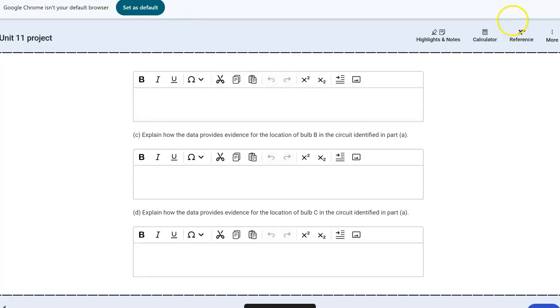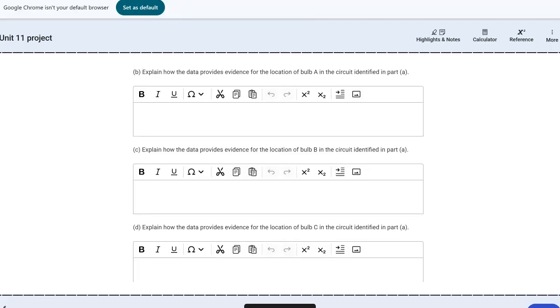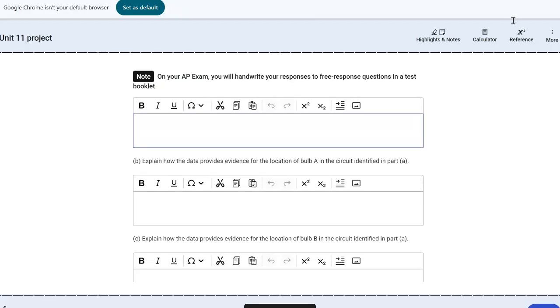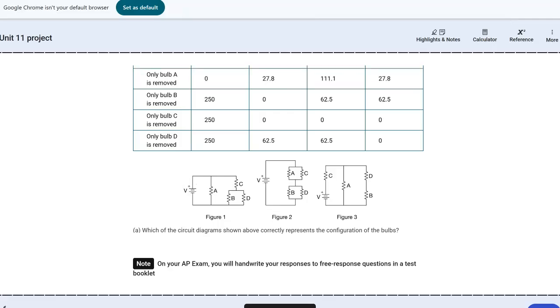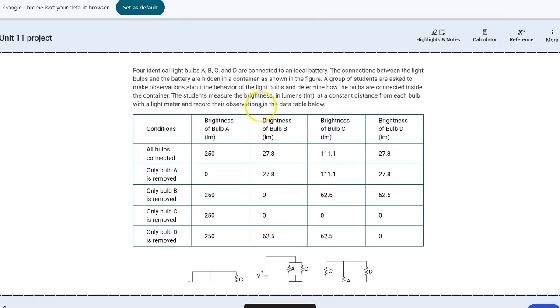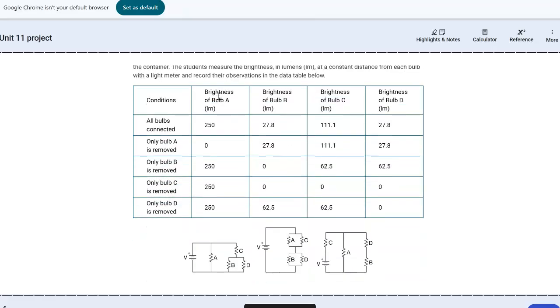Now, explain how the data provides evidence for the location of bulb C in the circuit identified in part A. Okay, so we can look when only C is removed. When only C is removed, our A is going to remain the same. Our A should always remain the same because it's in a parallel branch by itself.